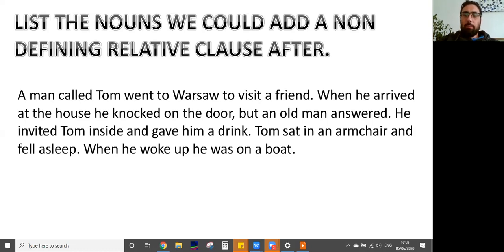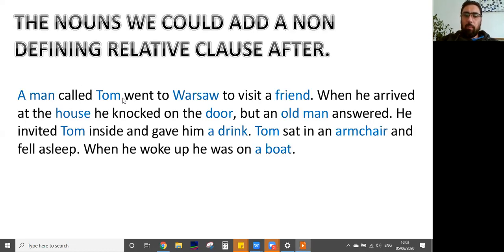So let's take a look. I've highlighted them. So we have man here. We have Tom. We have Warsaw, the name of a place. We have friend. We have house. We have door. We have man, well, old man together, so we could say man is the noun.